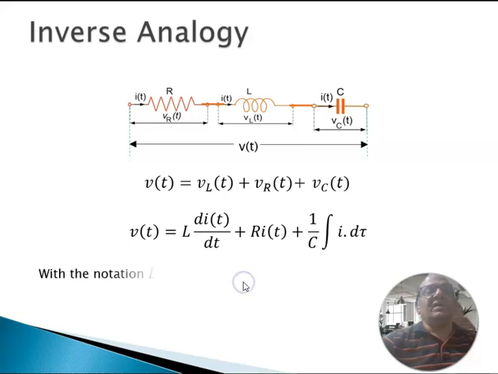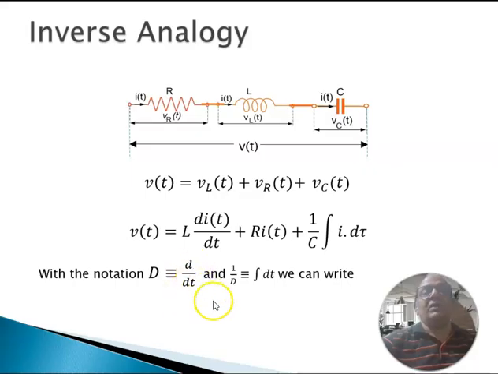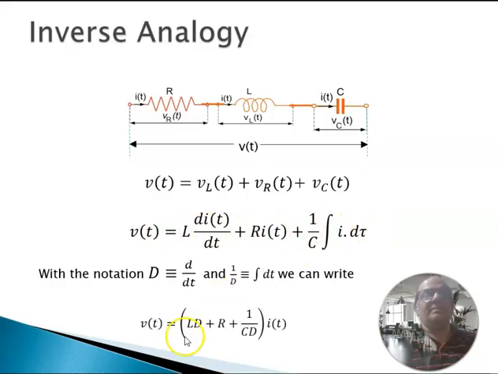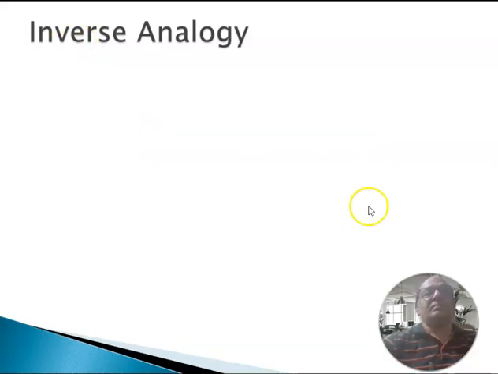We can use the notation capital D, the differentiation operator, d over dt, and thus the reciprocal of the differentiation operator is integral dt. We can write this equation as written here. This forms more or less the basis for inverse analogy.